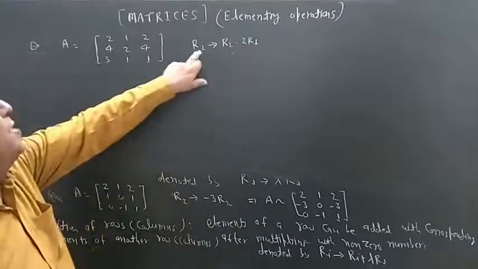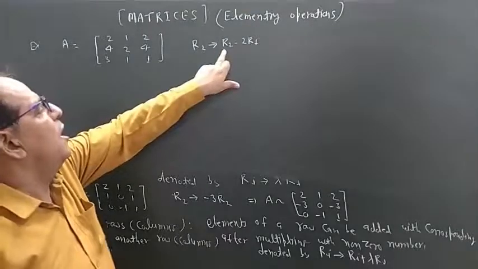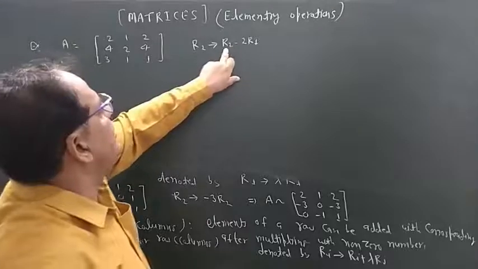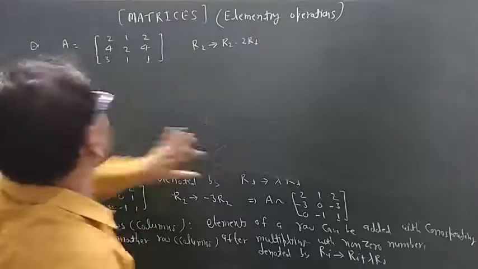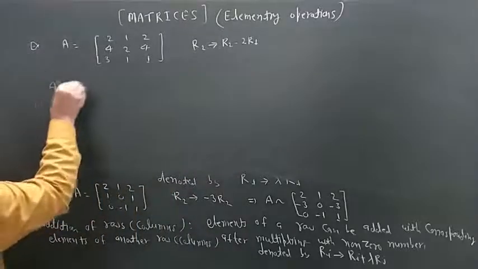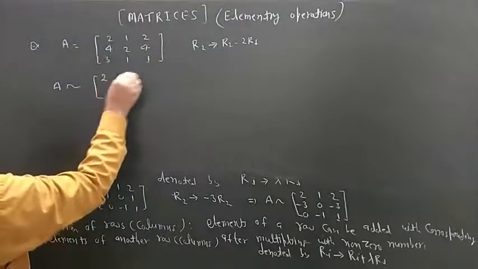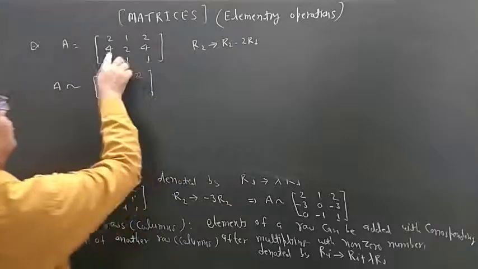We want to change R2. So we write here R2 minus 2R1. R2 is added with R1 after multiplying by the number minus 2. So now this matrix becomes 2 1 2 because there is no change in the first row, the change is shown only in the second row. 4 2 4.